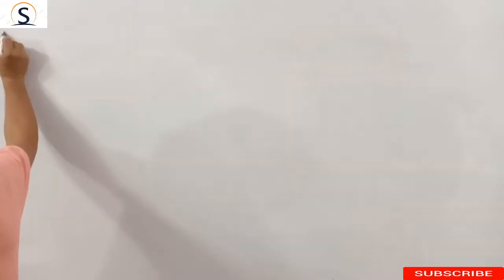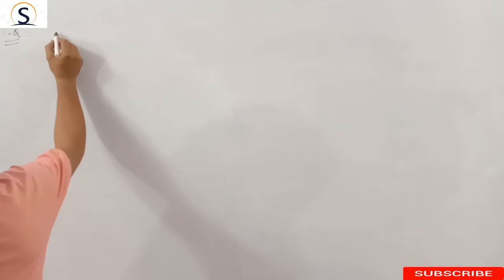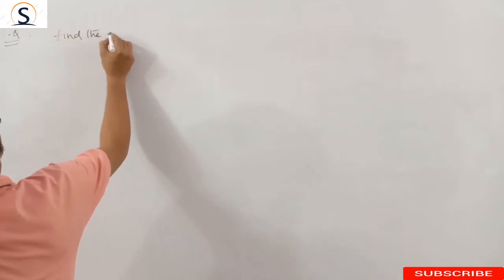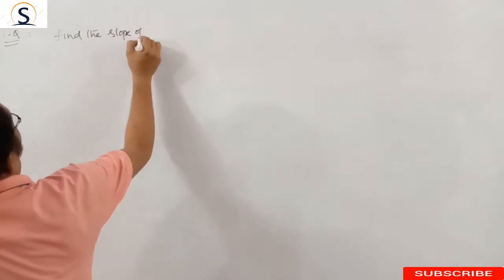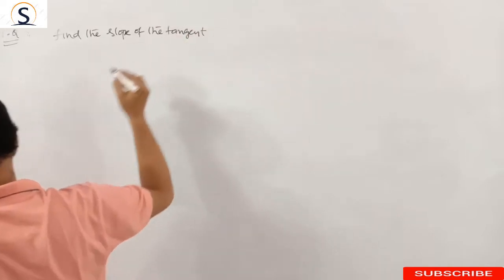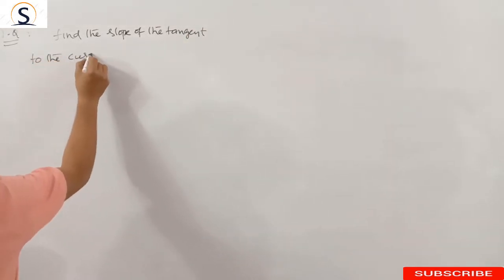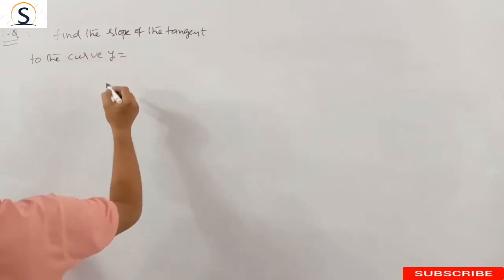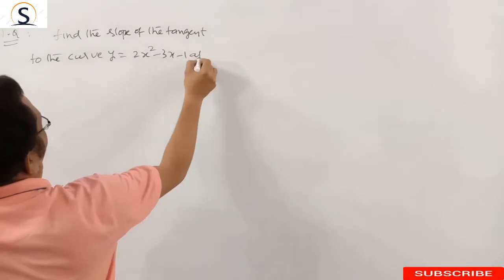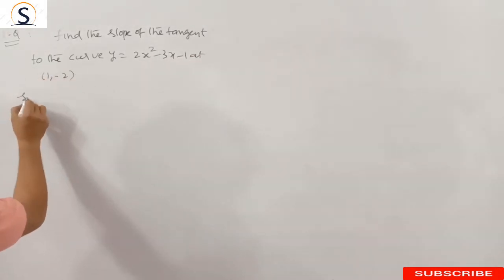The first question is, find the slope of the tangent to the curve y is equal to 2x square minus 3x minus 1 at the point 1 comma minus 2.